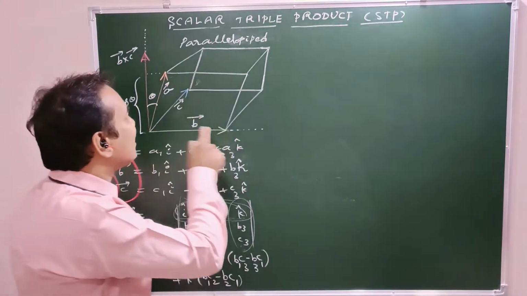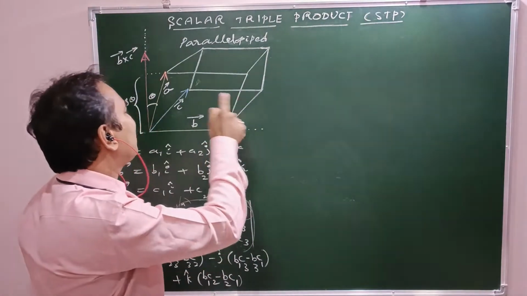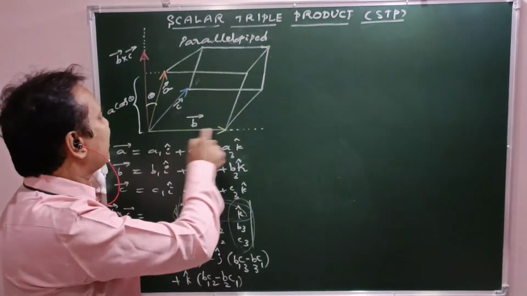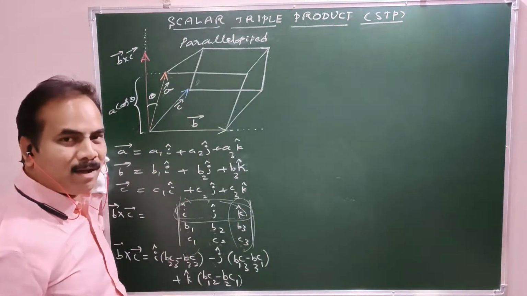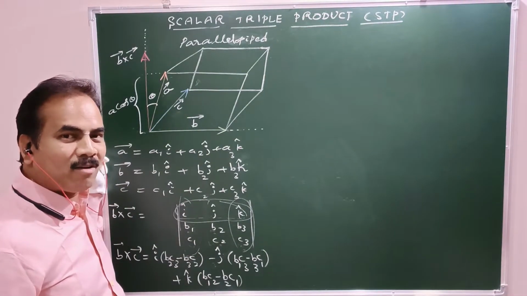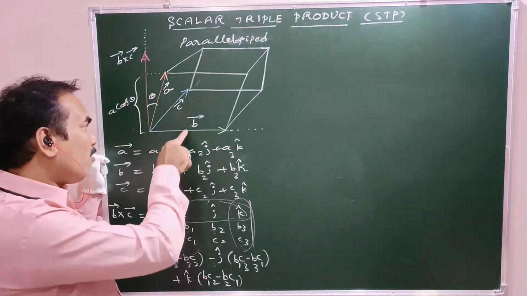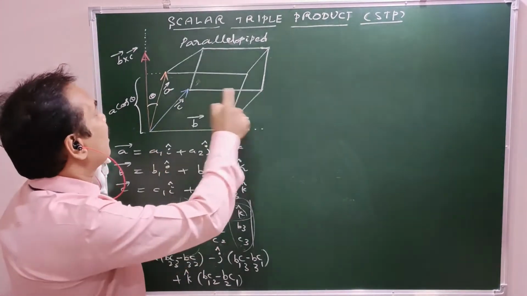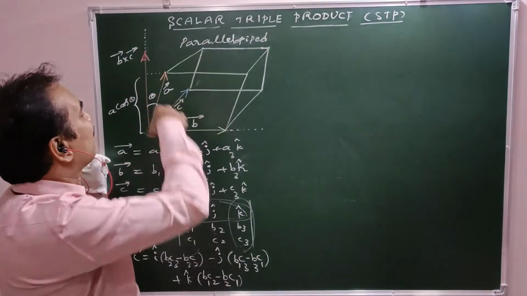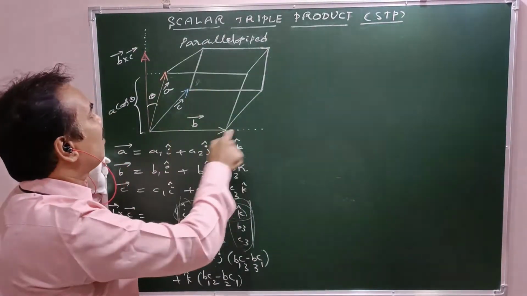Now, what is that figure here? As far as the bottom is concerned, it may be a rectangle or square. By the definition of cross product of vectors, modulus of B bar cross C bar becomes equal to the base area of the total figure.